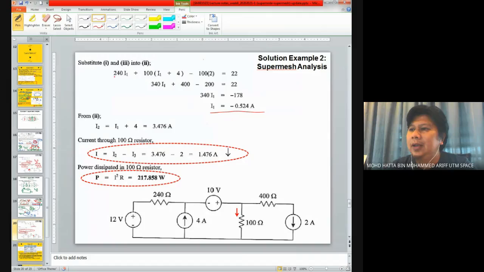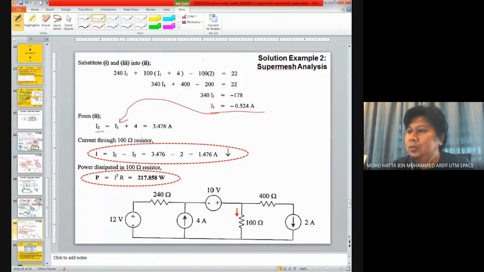And returning to the equation that we have, we can also get I2 since we already have I1 over here. And for the current flowing through this 100 ohm resistor, it's basically I, or I2 minus I3.